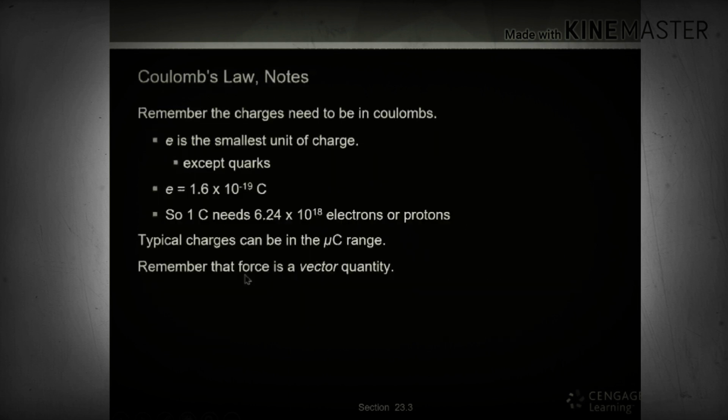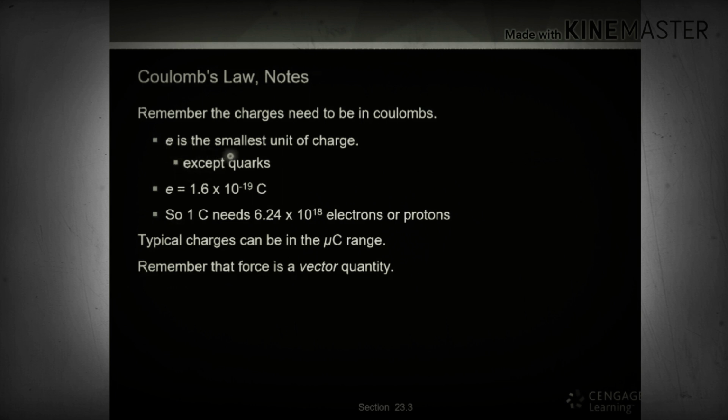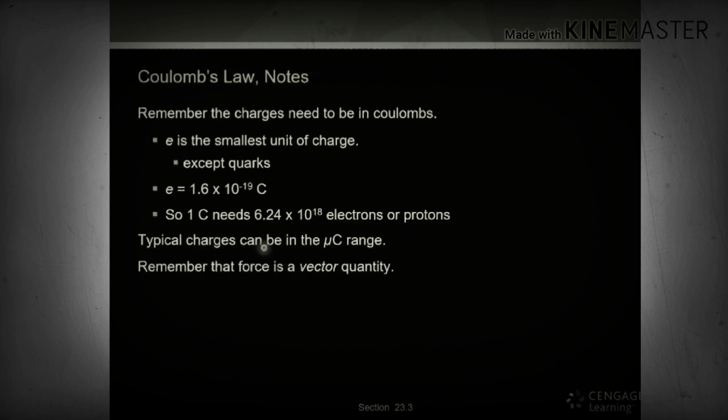This epsilon is the smallest unit of charge. I'm sorry, this e is not epsilon. They're different: this one is called permittivity, this is epsilon, and this one is e. e is the smallest unit of charge, the charge of one electron, 1.6 times 10 to the negative 19 Coulomb.